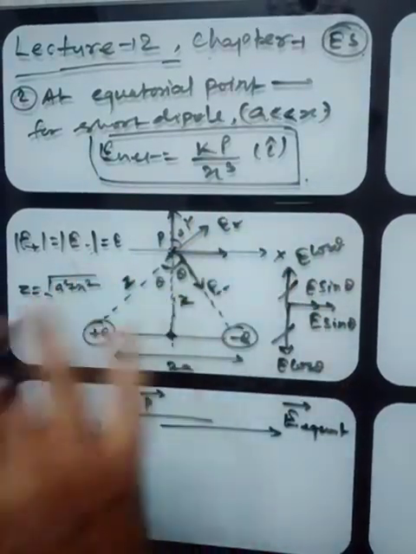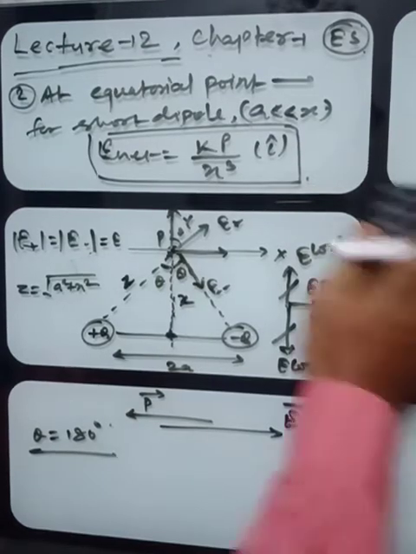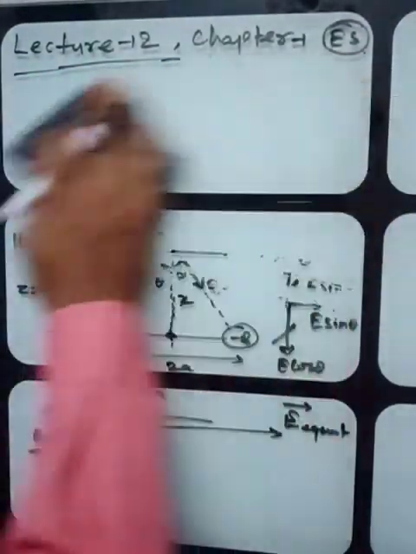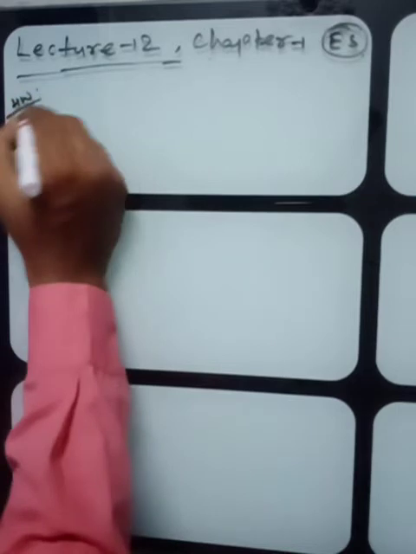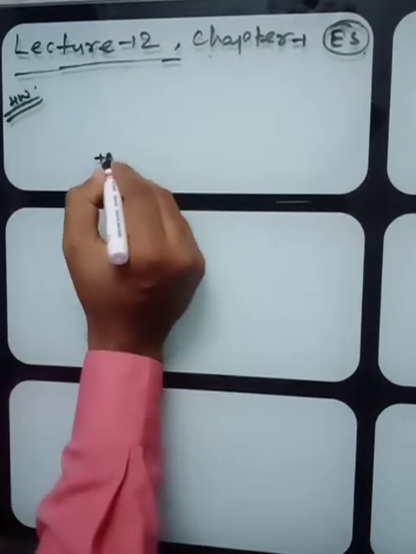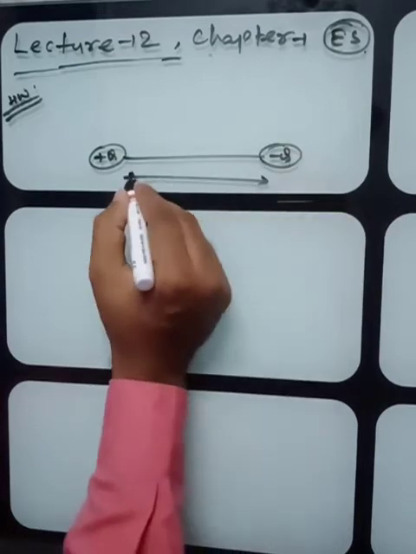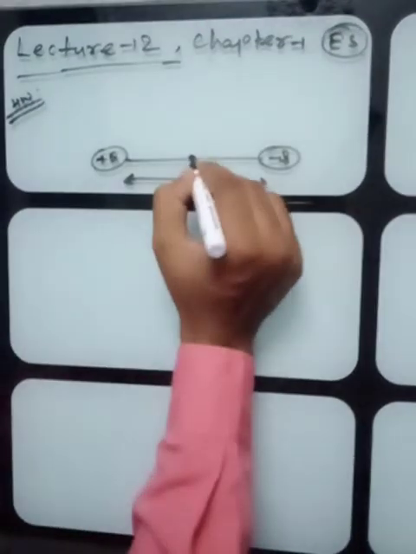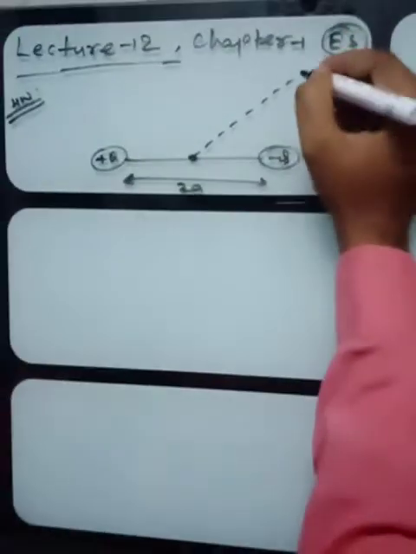Now students, I am leaving you a question. Note down: how will you find the electric field at an arbitrary point due to a dipole? Here you have the dipole, and this will be your homework. This is plus q and minus q, again with distance 2a, and this is the center of the dipole.